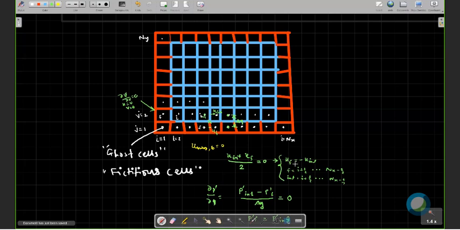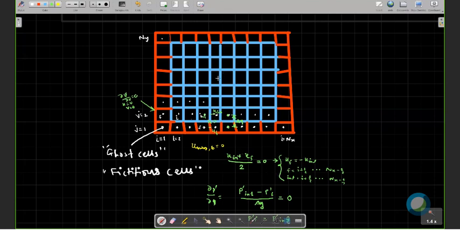So here you don't see directly that uf is equal to 0. Here the value is 0, here the value is 0, and that value is nothing but the average, which should be 0. That is what we are saying: the average of the interior value and the fictitious phase center value should be 0.